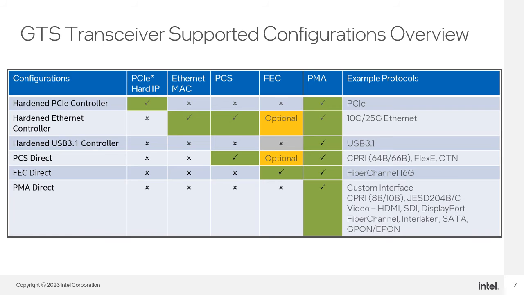With Ethernet controller, you have a choice whether FEC is used or not. For hardened USB 3.1 controller, you are only using the PMA resource in the transceiver, and the actual controller resides in the HPS. Similarly, for PCS, FEC, and PMA Direct, the corresponding resources have been checked in this table.